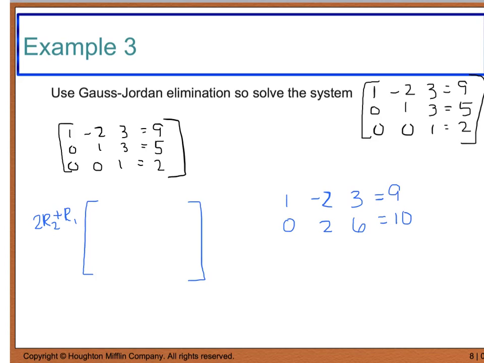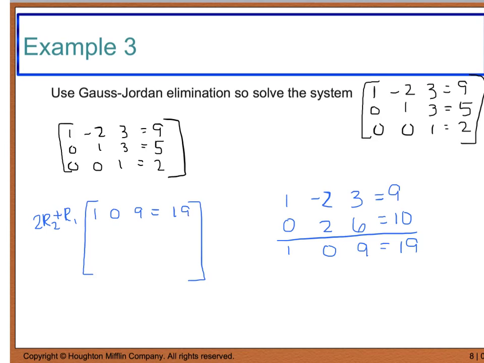And when I add those together then, I see that I have 1, 0, 9, and 19. So I'm going to put that in for my first row now. So 1, 0, 9, and this equals 19.